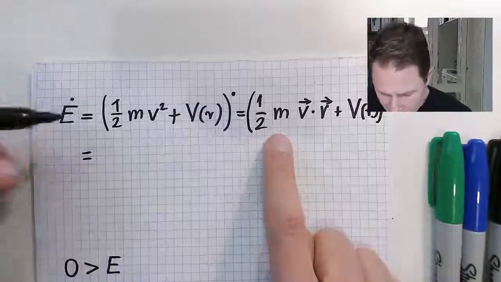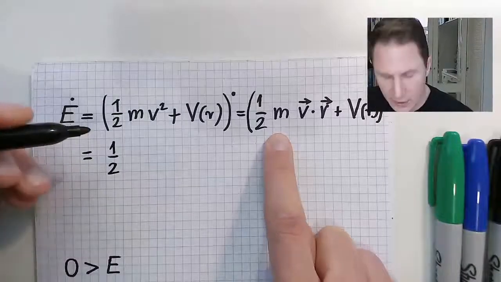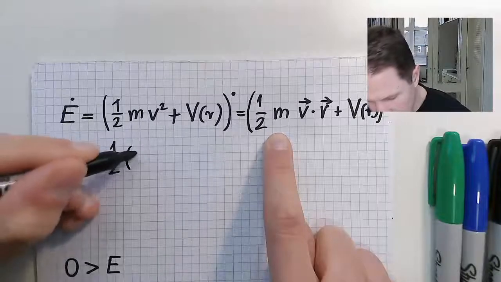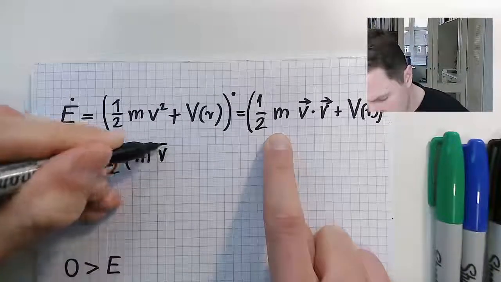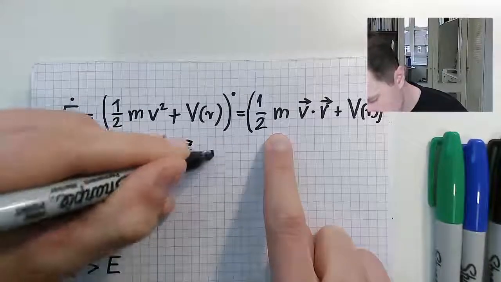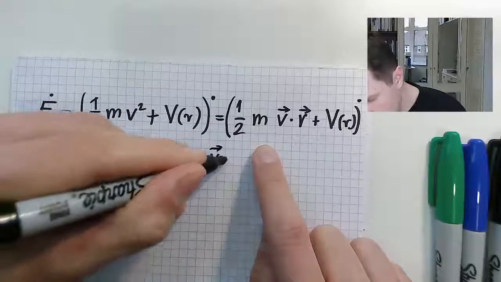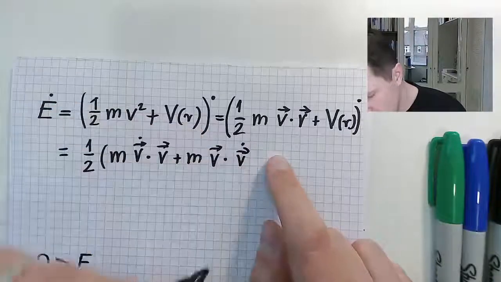Let's calculate the rate of change of the kinetic term. That is going to give us 1/2 m times the rate of change of v dot v, which is m times v dot the rate of change of v.